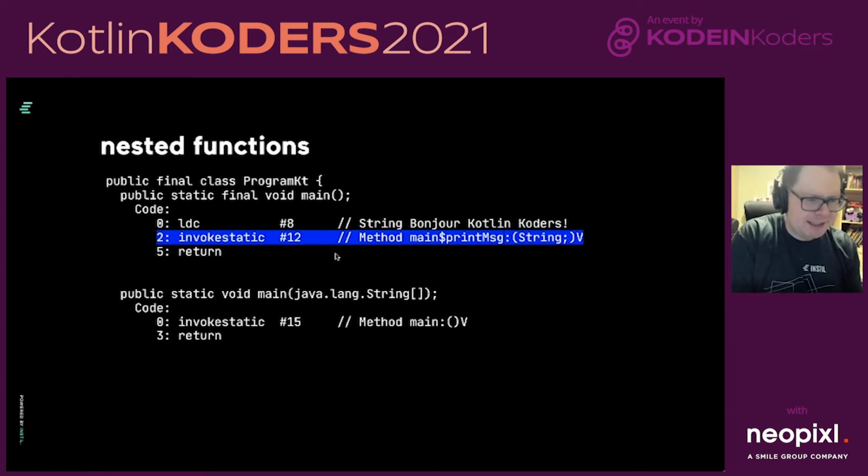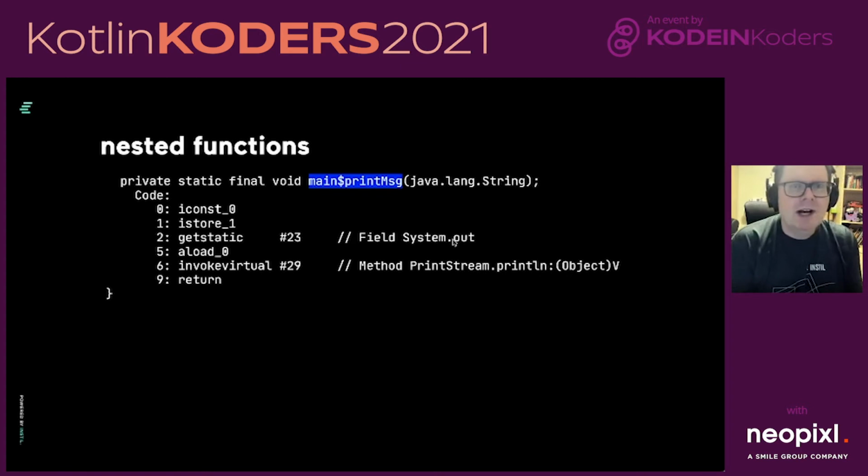We've got main that takes a string, and then we've got the main that we wrote. And you can see inside there from the bytecode, we're going out and we're invoking the static method main$printMessage. So our nested function got converted into a regular static method, and the name of that is the name of the outer function, the dollar, and then the name of the inner function. So again, we're being lied to, but in a nice, productive way.